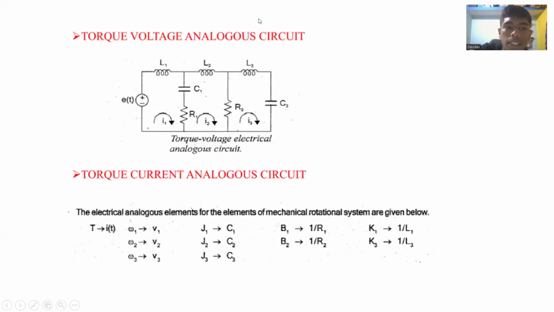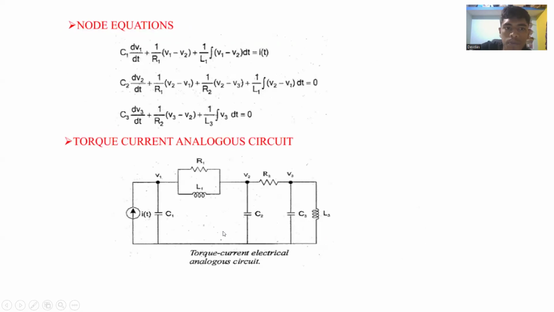You can see in this circuit too that while writing this circuit, E of t is connected only to the components which are linked with I1, which is current 1, or the first mesh. Similarly, the torque is replaced with I of t, and these are the respective replacements of each component of the mechanical rotational system.